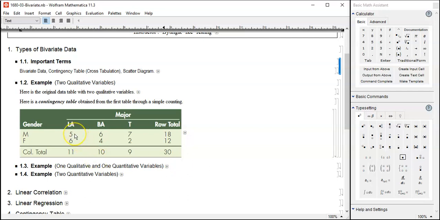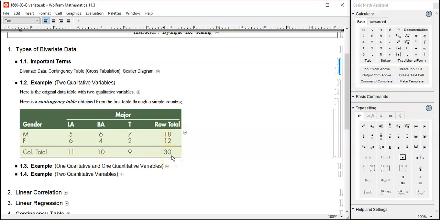Now we have 5 male liberal art majors, 6 male business majors, and 7 male technology majors. They add up to 18 men. Likewise, we have 6 female liberal art majors, 4 female business majors, and 2 female technology majors, adding up to 12. And then 18 plus 12, we have a total of 30.